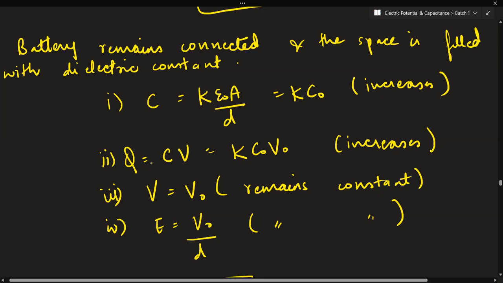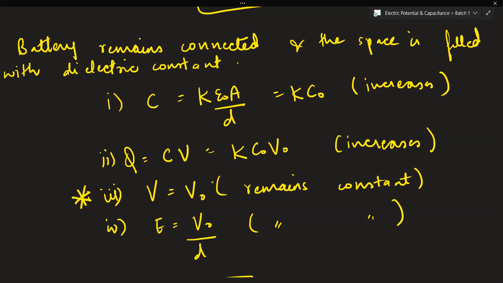Now regarding the charge, it is CV. If capacitance increases, then obviously charge will also increase because it is K times C naught V naught. So charge also increases. Remember, this is very important. When the battery remains connected, potential remains constant. There is no effect on potential. This is from your theoretical questions, and if any numerical comes with battery connection or disconnection, you can use this theory portion.